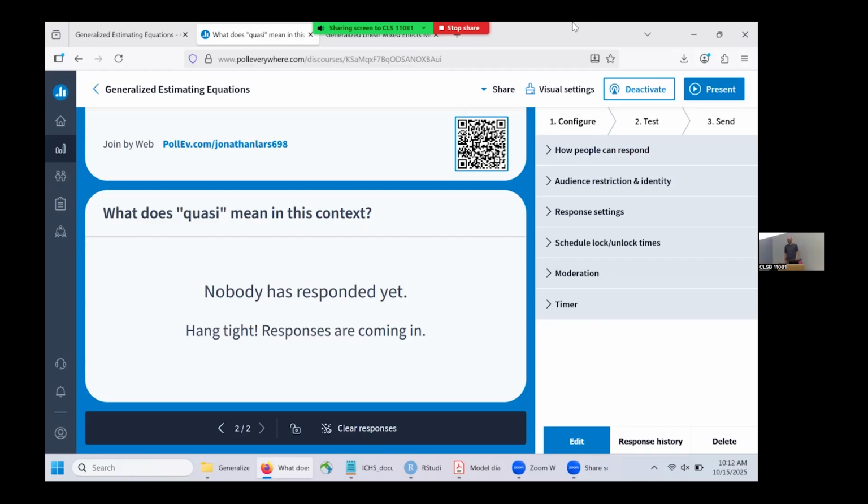That's okay. Maybe someone online can remember. Okay, one more minute or so, see if anybody remembers what quasi means. I remember correctly, but I was not sure.